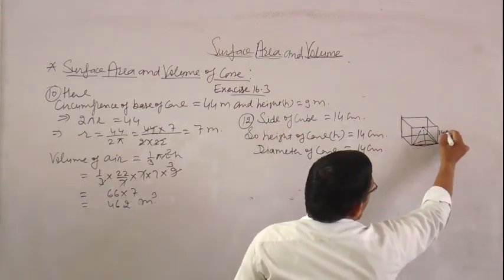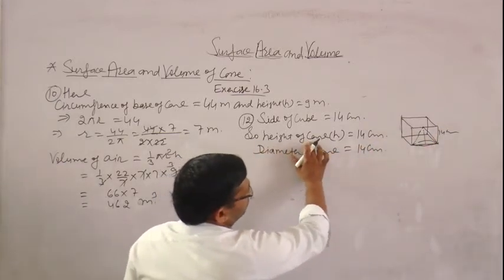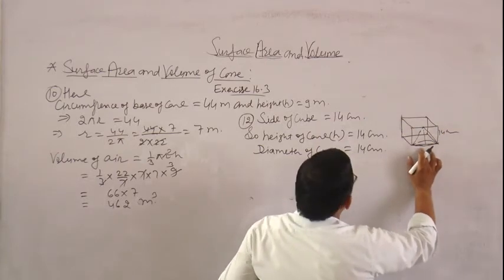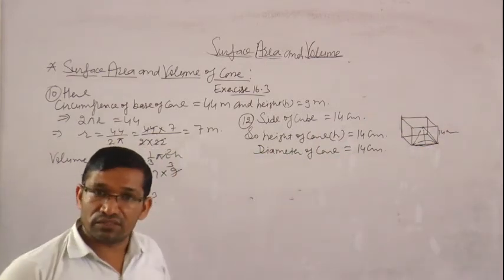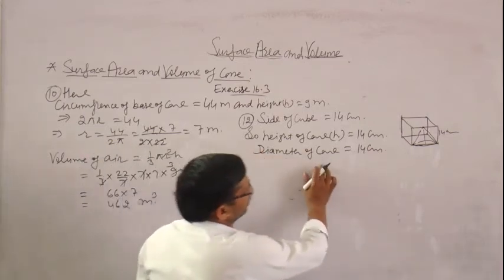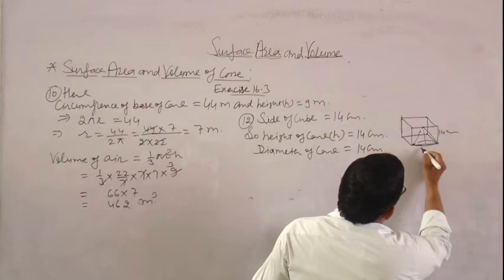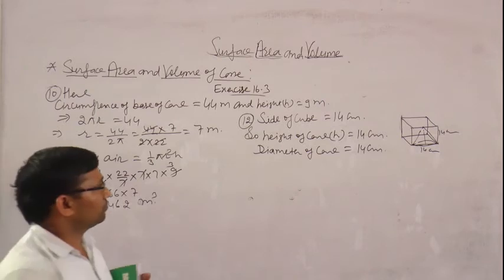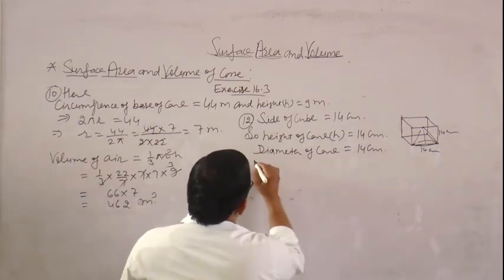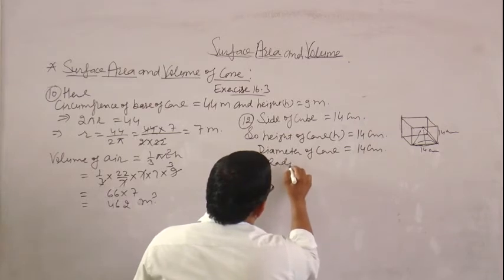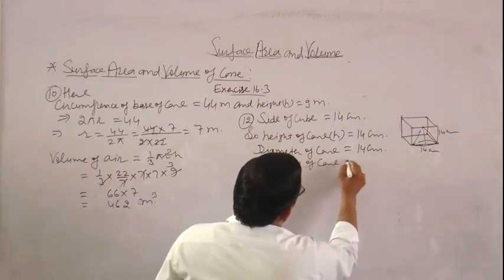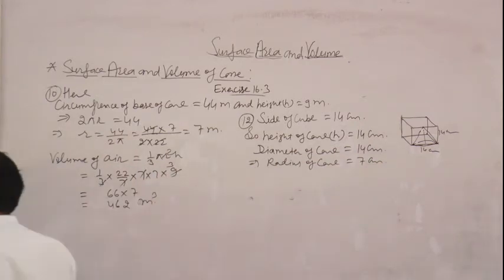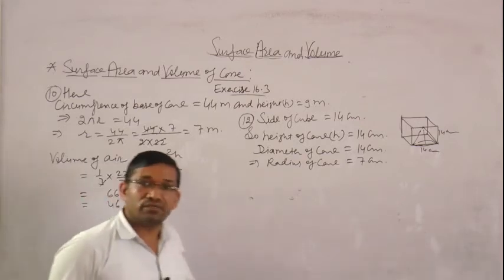This is given in the question. Height of cone means side of cube, so height of cone is also 14 centimeter, and diameter of cone is also 14 centimeter, because this is also a side of the cube. So diameter of cone is 14 centimeter, there implies radius of cone is 7 centimeter. Radius of cone is 7 centimeter.